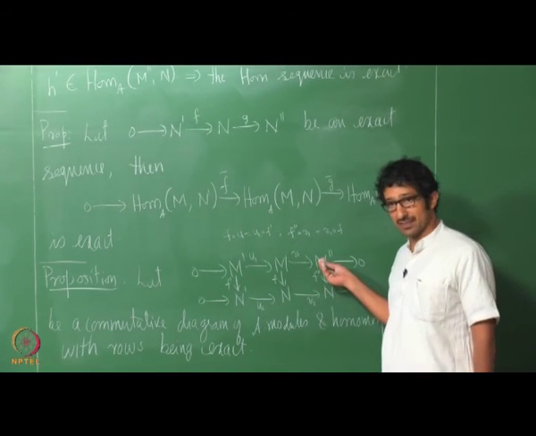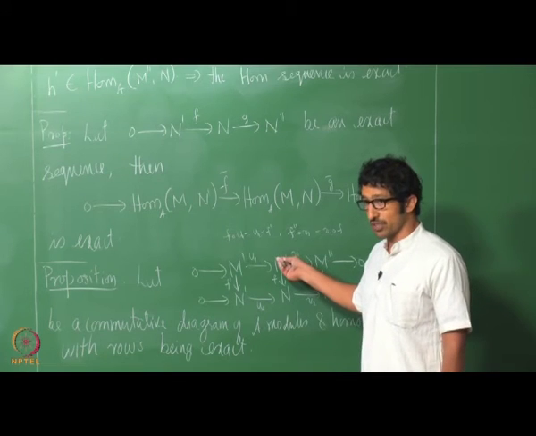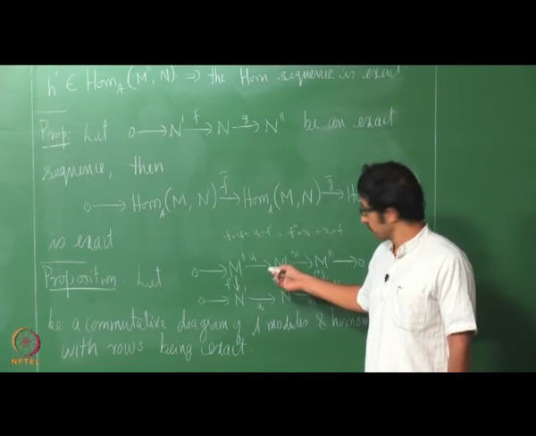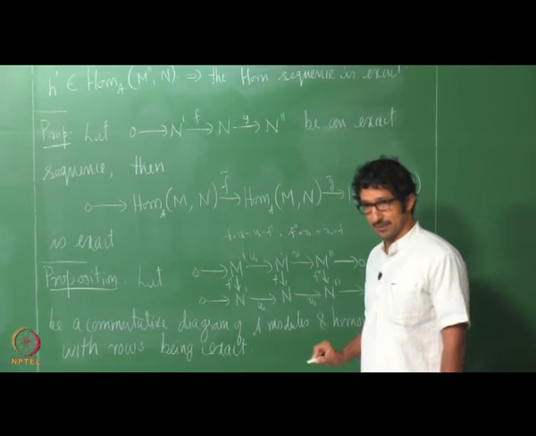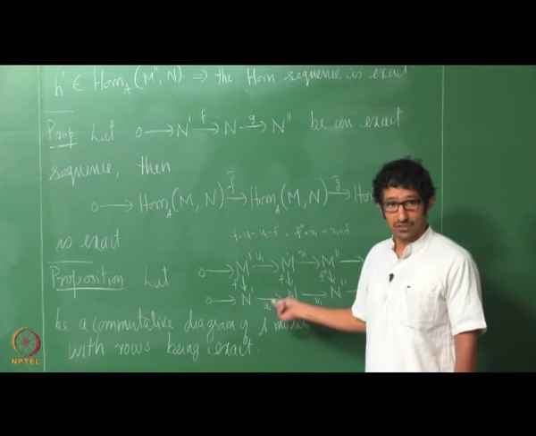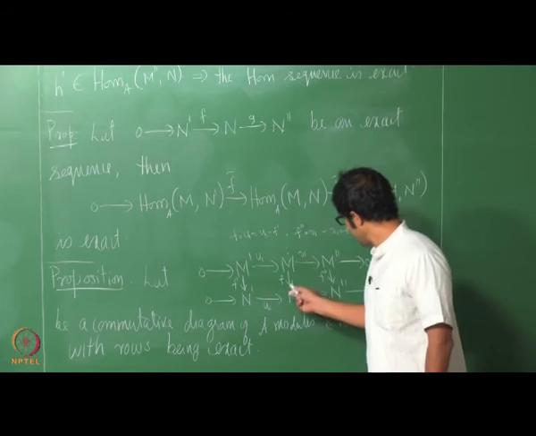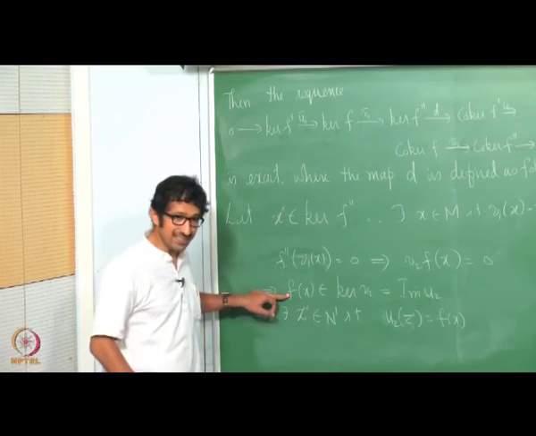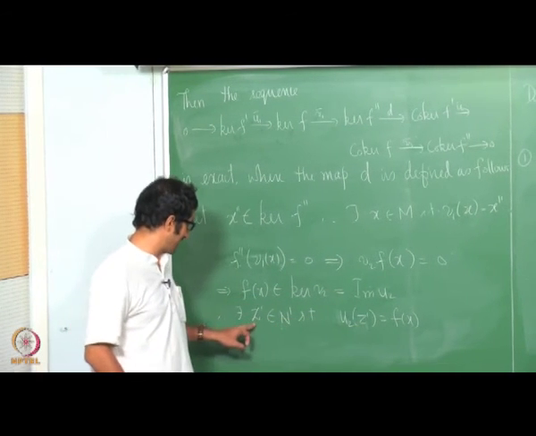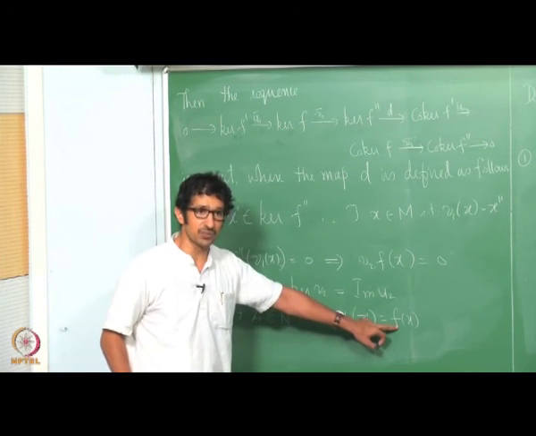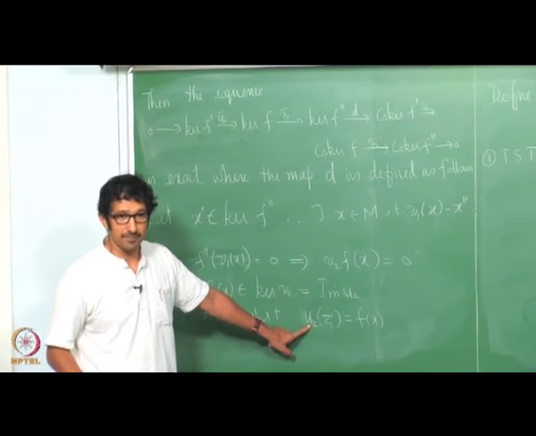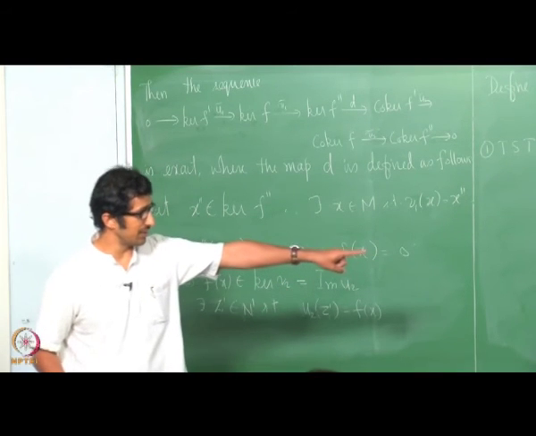To start with, I am taking an element here and going back here, and there could be many pre-images. So, if I choose two different elements here, would that make a difference or not? Once we reach this stage, when we say there exists z prime in n prime such that this is true, this z prime is unique because u2 is injective, since the bottom row is exact.